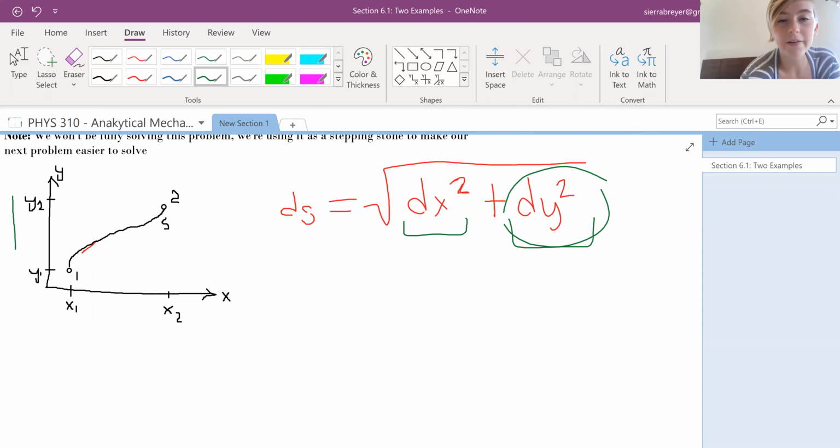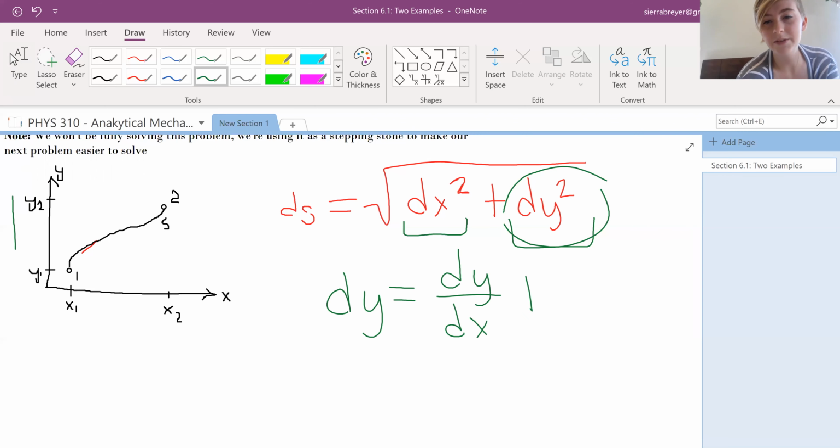For dy, we're gonna use the definition of dy, which you can get by doing dy/dx times dx, which you'll see cancel and you end up with dy.